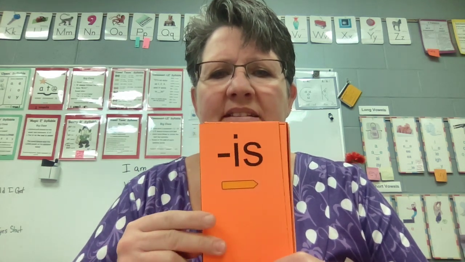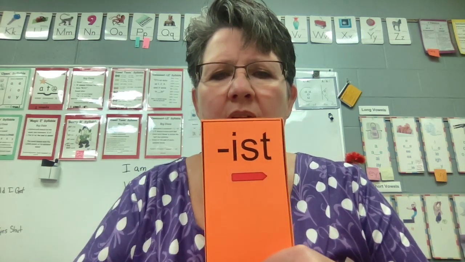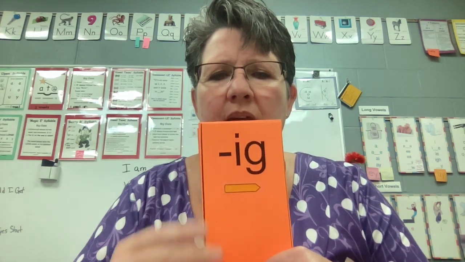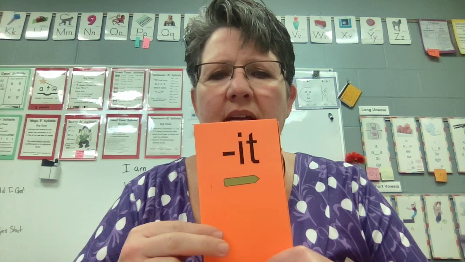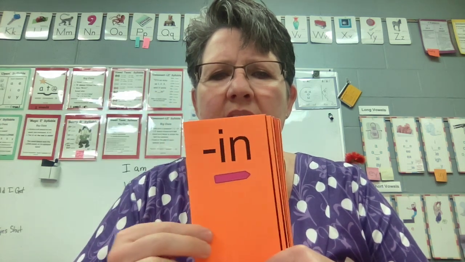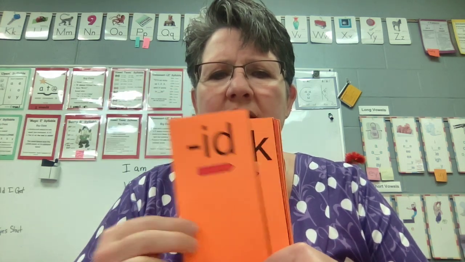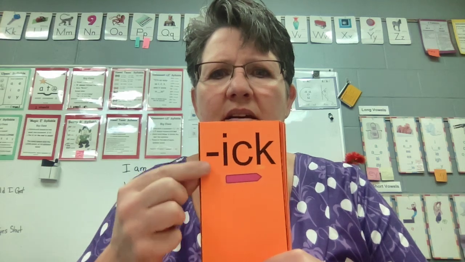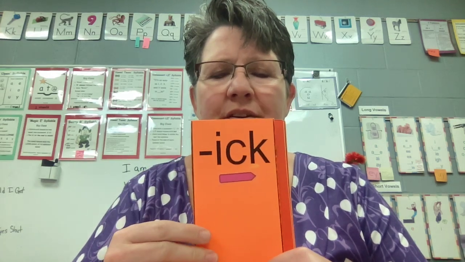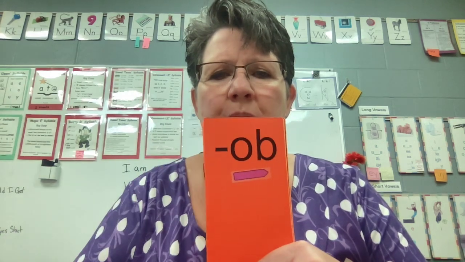This one, is. This one, ist, ip, ig, it, in, id, ick. Another short vowel, with the two-letter k coming after that short vowel.